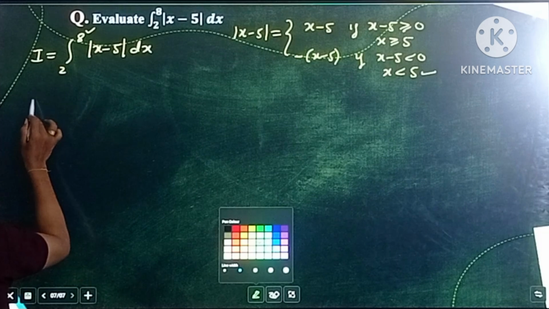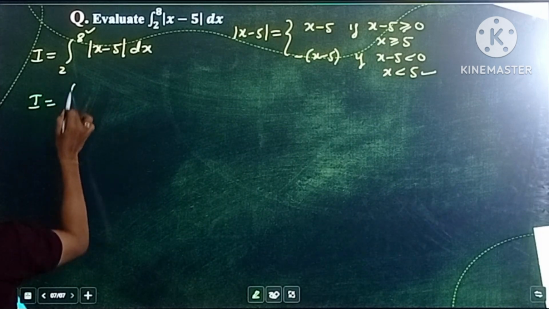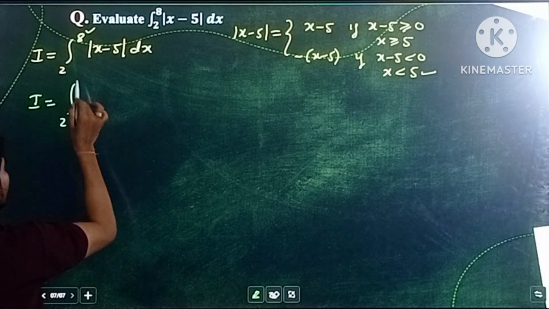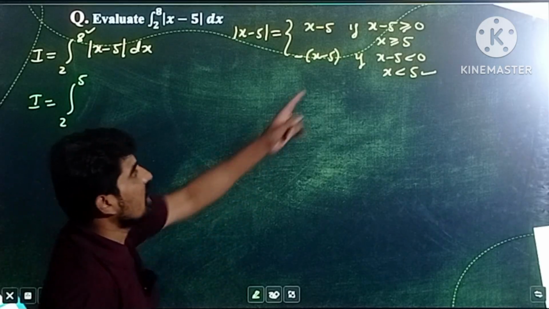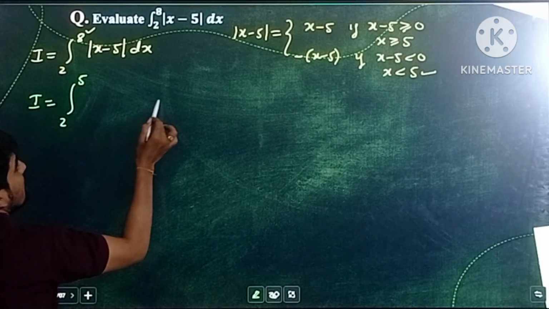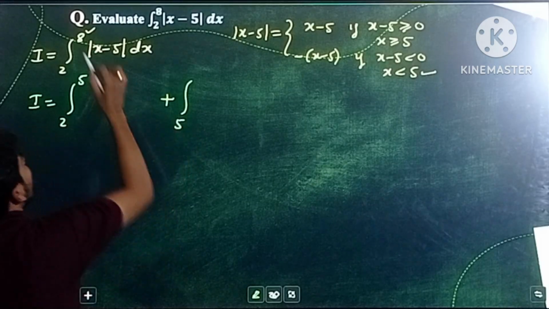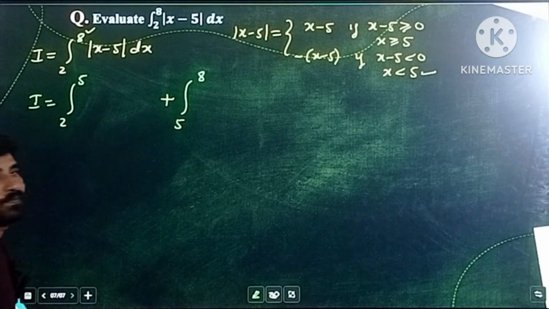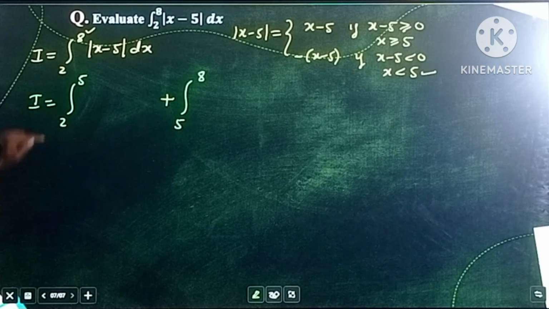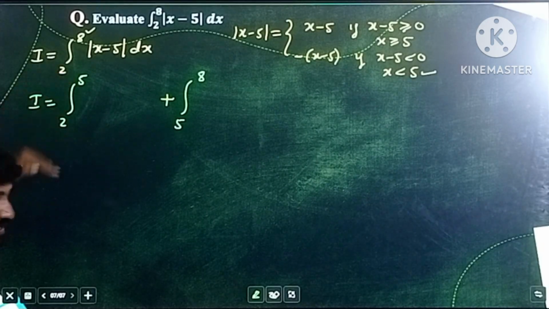Therefore I is equals to integration from 2 to 5, because we need to break at 5. So 2 to 5 plus integration from 5 to upper limit 8. I hope all of you understanding. In integral limits 2 to 5 means we are discussing for less than 5.